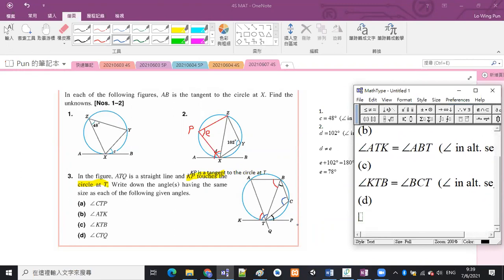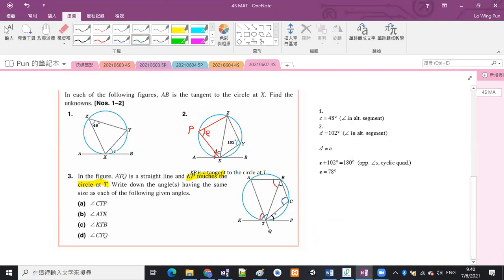And then part D, angle CTQ. I want to find angle CTQ. CTQ is this one. Oh, you see, CTQ is actually not an angle between chord and tangent.